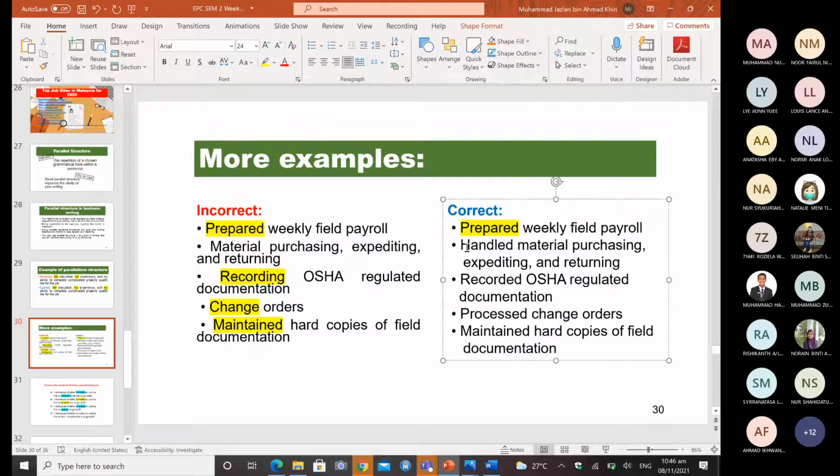And this time the author added the verb "handle" followed by "recorded." Okay, "recording" becomes "recorded" over here. And then another verb is added, "processed change orders." And then the last one, "maintain."